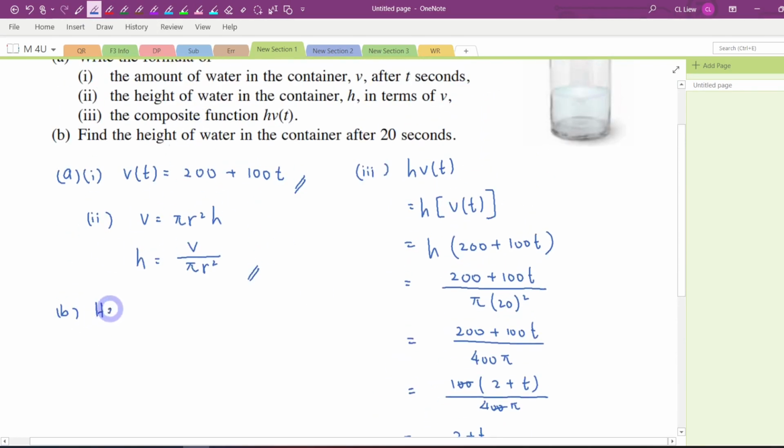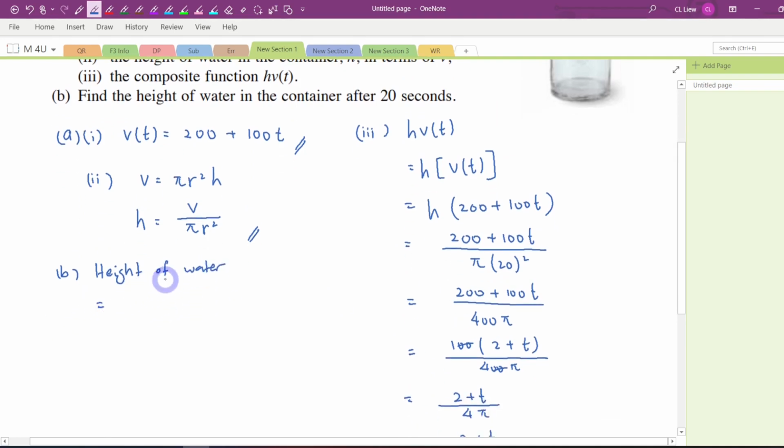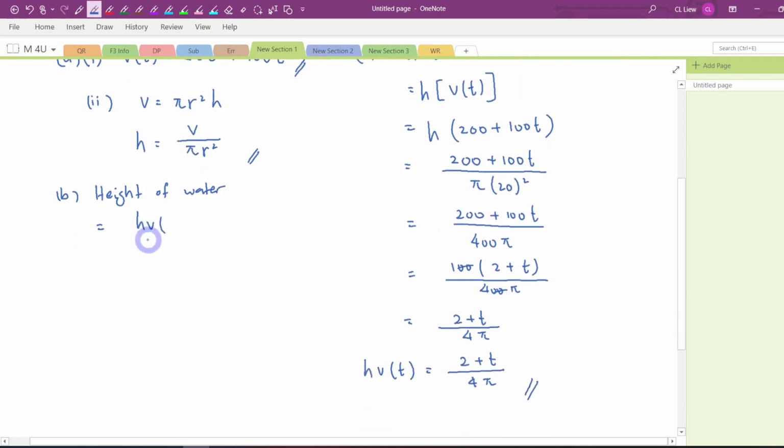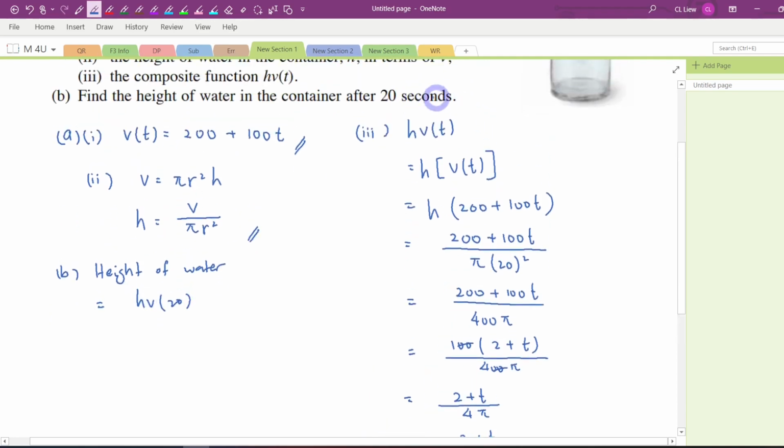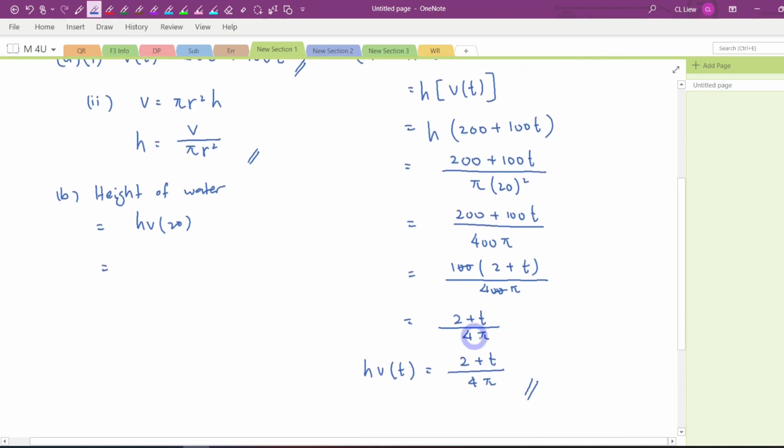So the height of water in the container after 20 seconds is equal to h of v of 20 seconds. So now what we are going to do is copy everything here, just replace the t by 20. So 2 plus 20 over 4 pi.